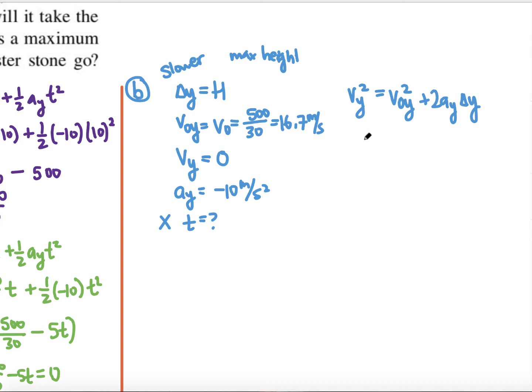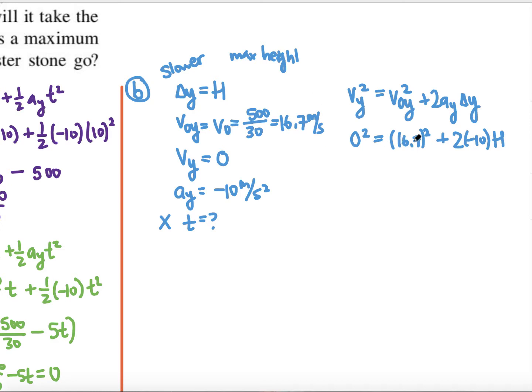We're going to get an approximate value for h that we can use to translate our faster rock's height into something in terms of h. So Vy is 0. V initial y is our 16.7 squared plus 2 times -10 times capital H. So let's go ahead and do this.